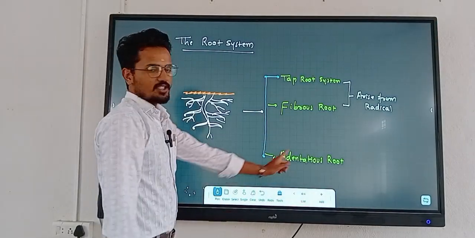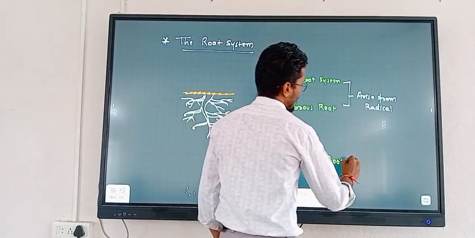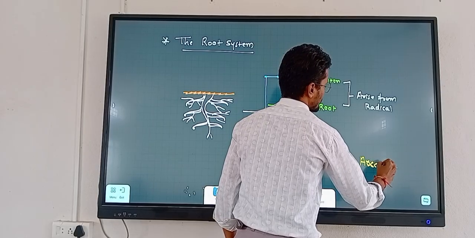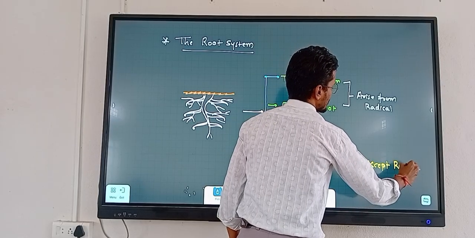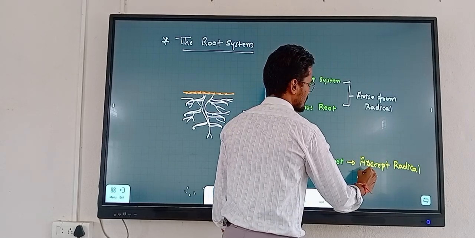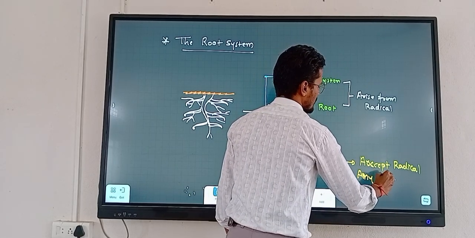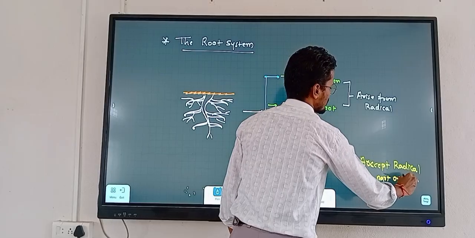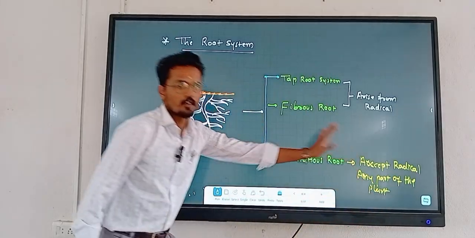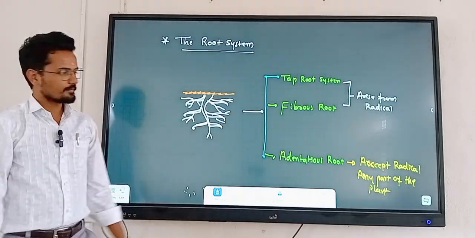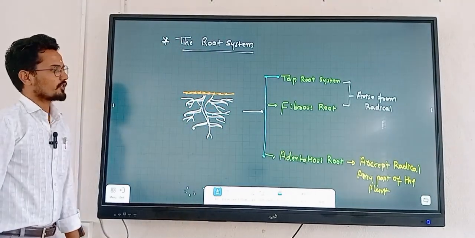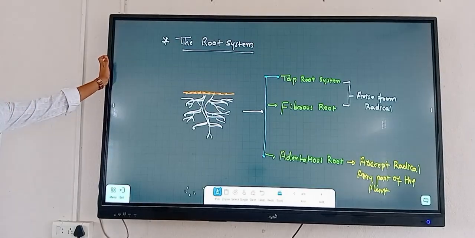The adventitious root system arises from any part of the plant except the radicle. That is called an adventitious root, or adventitious root system.